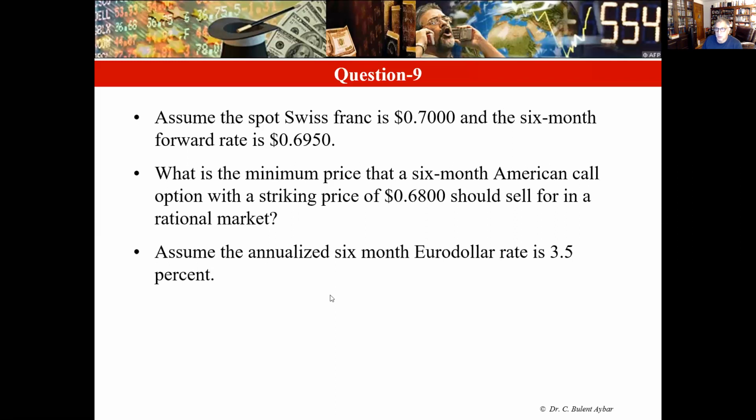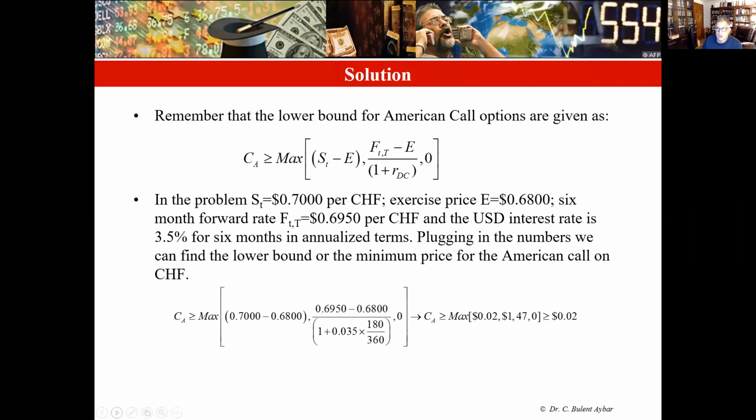The lower bound is a little more complicated, and it can actually be shown by using an arbitrage pricing relationship. I'm going to skip the math and analytics behind that and directly use the formula that we have in the chapter, where we have a lower bound for an American call option.